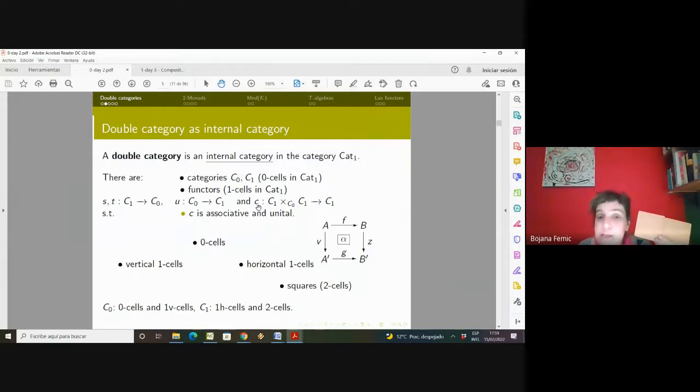So this is how C acts on objects. And on morphisms, recall morphisms here are squares. So I will have one square alpha and then another one beta. So the composition is going to give me this total square. It's going to give me this total as the end object, right? So this C defines the horizontal composition.